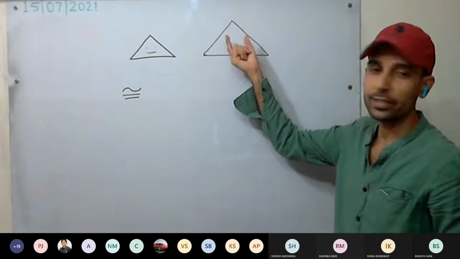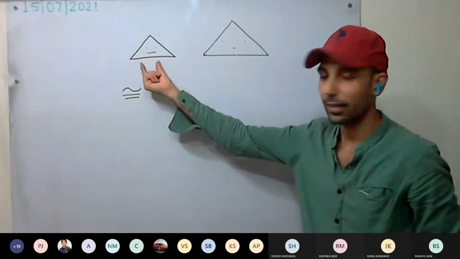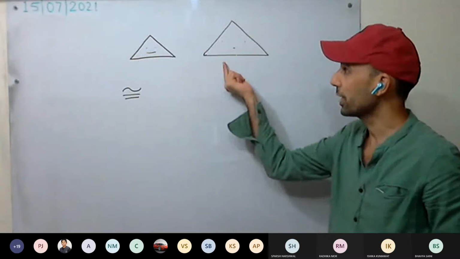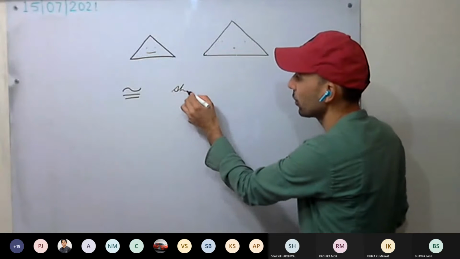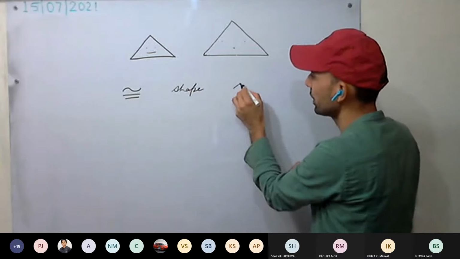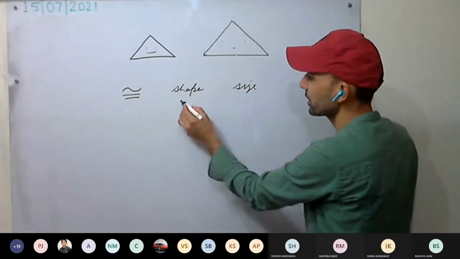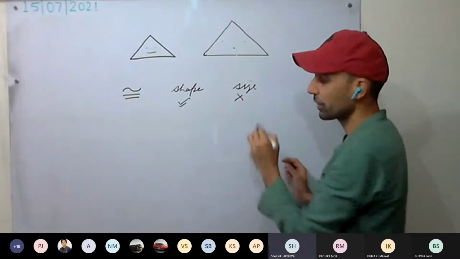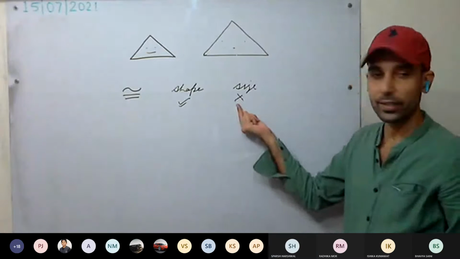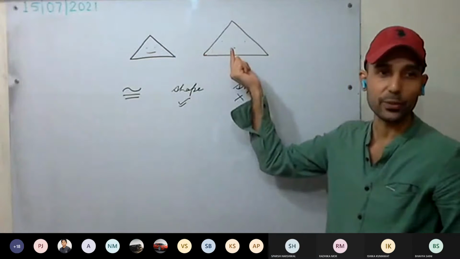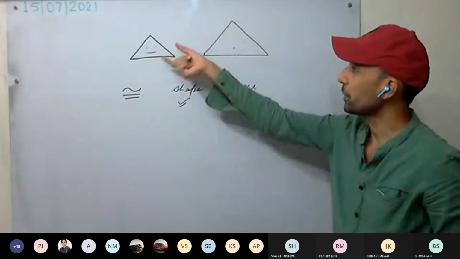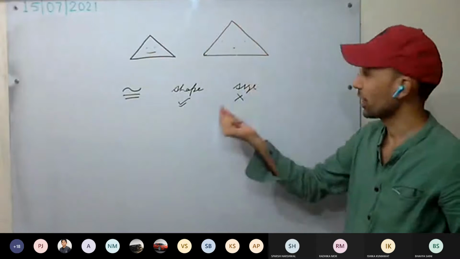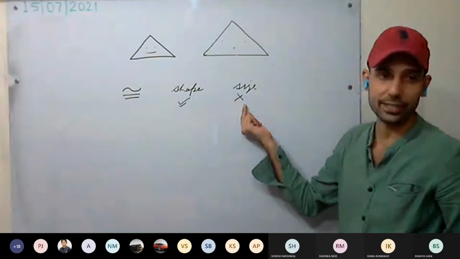So they do not have the same size. Shape is the same, size is different, in proportion, so that every side of one person is proportional to the other. Same shape, but size is different.